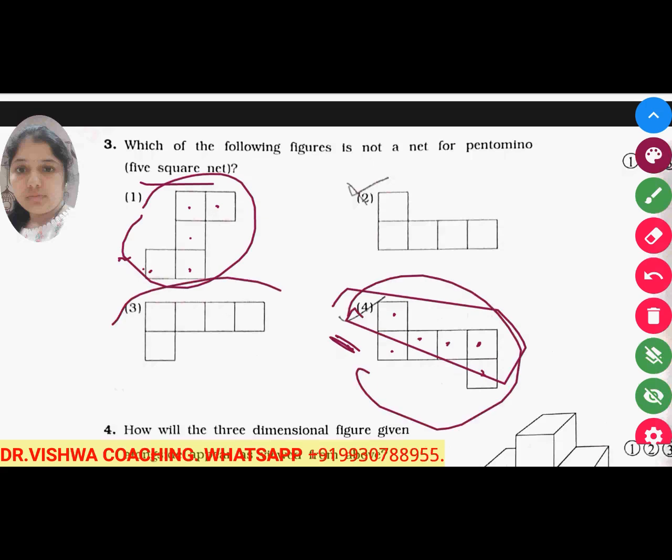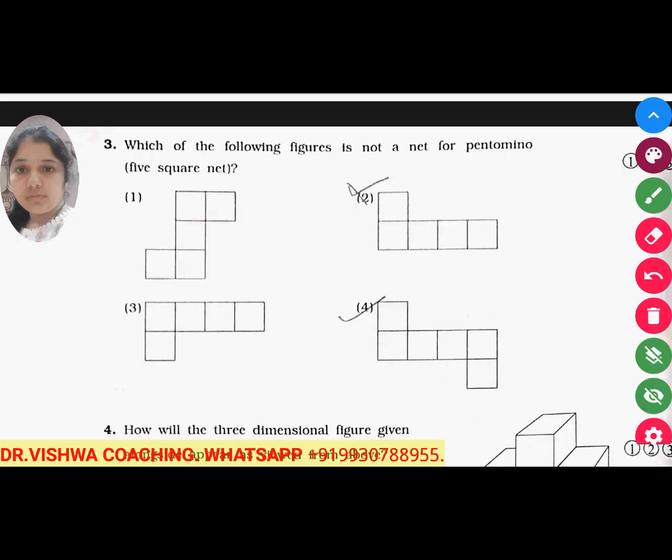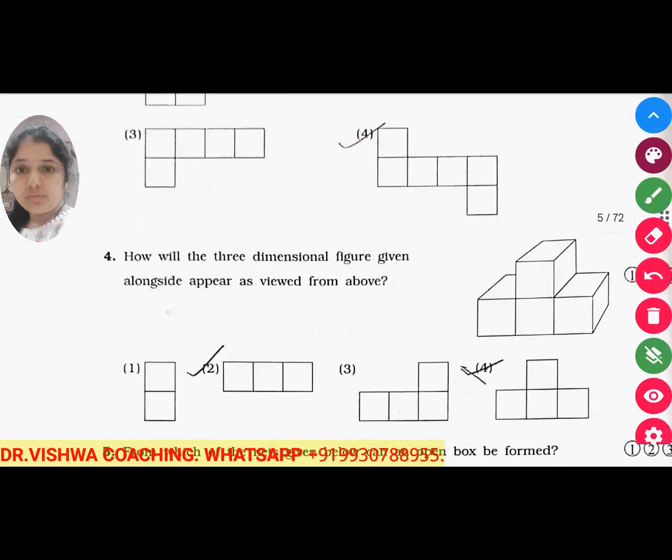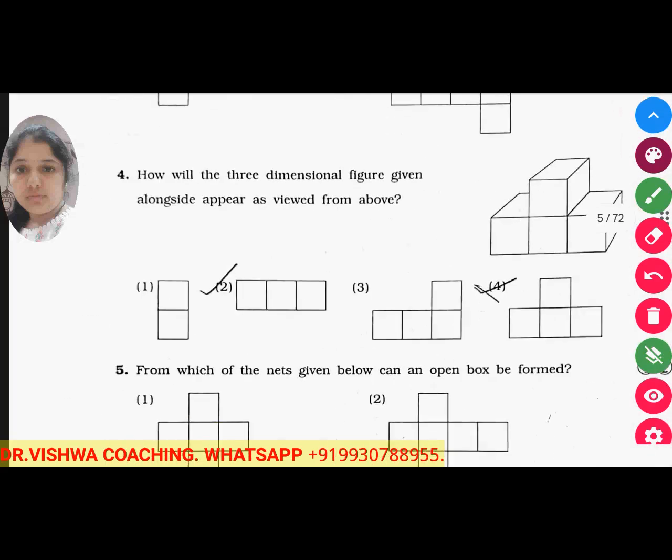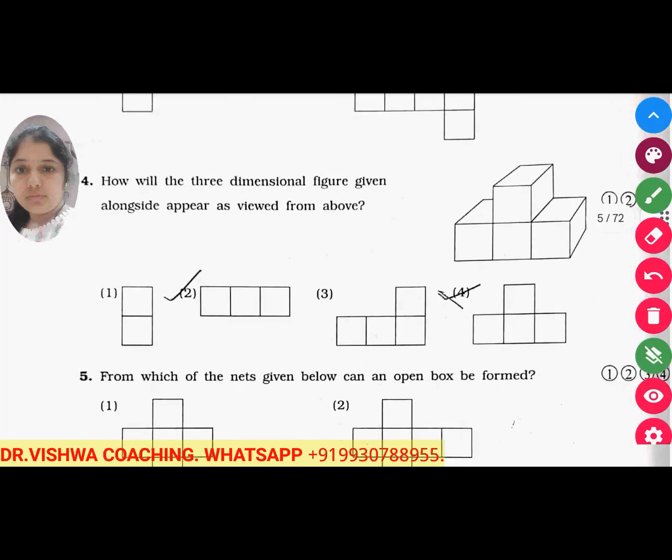Okay, the remaining all have 5 surfaces, so they can be converted into a pentomino, because a pentomino has only 5 surfaces and one open surface. So option number 4 is the correct option here, which cannot be converted into a pentomino.